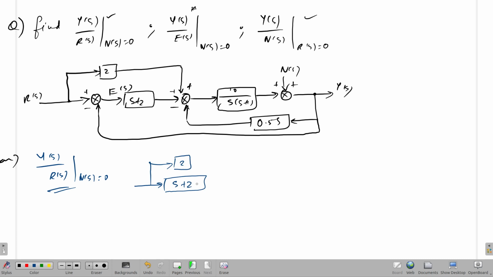So the difference in this particular problem from what you have seen before is twofold. The first one is, till now you have been dealing with G and H and all. Now here you are actually using proper algebraic transfer functions.